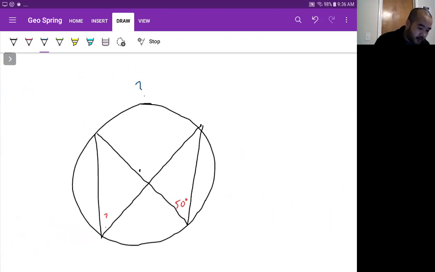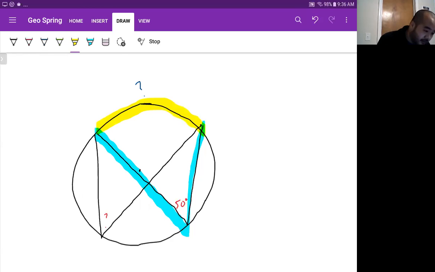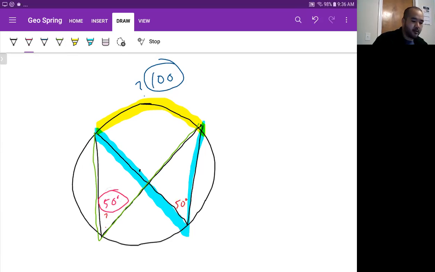Then over here, this is the angle and this is the arc. So if this is 50 down here, that means this arc is 100. You'll also notice on this one, this yellow angle also goes with this angle. So this is also 50.